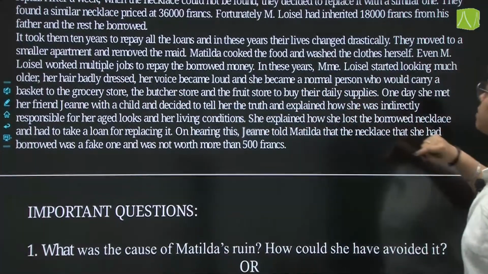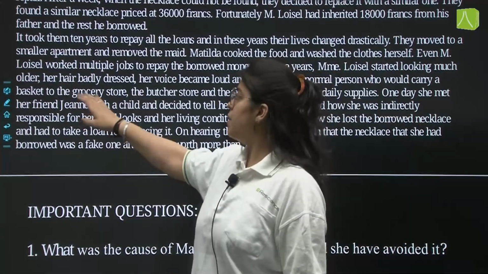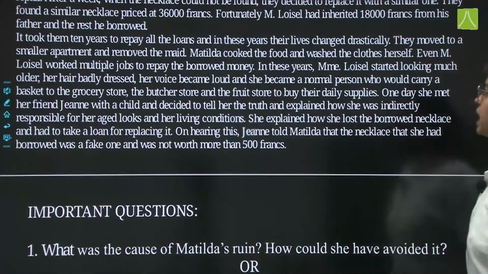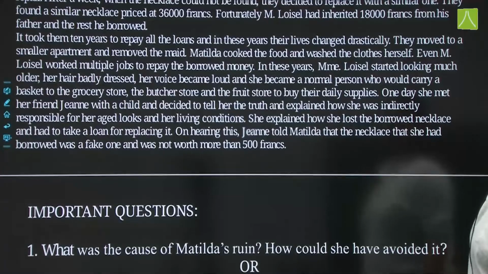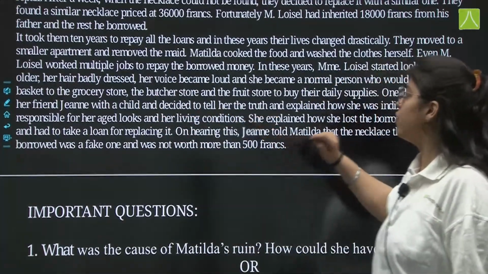In these years, Madame Loisel started looking much older, her hair badly dressed, her voice became loud, and she became a normal person who would carry a basket to the grocery store, the butcher store and the fruit store.